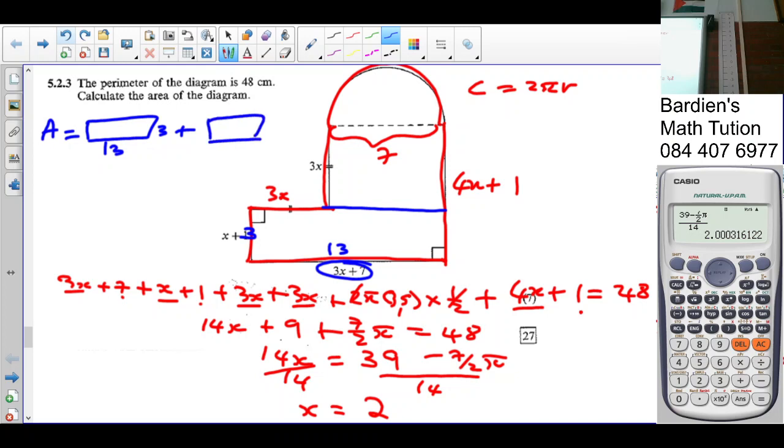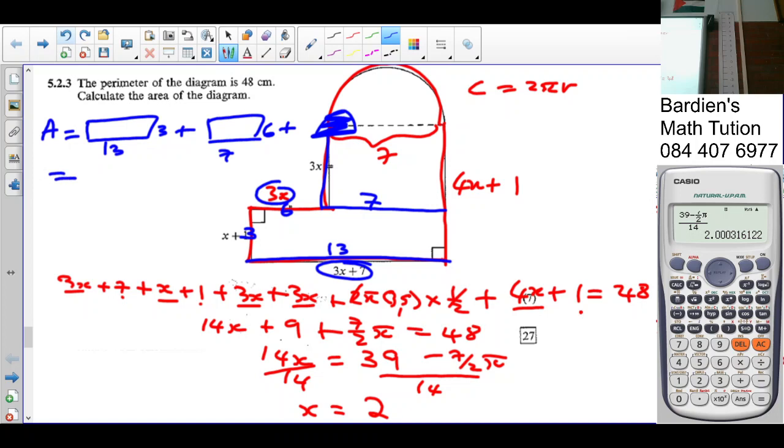The length here is 13, and this here is 3 times 2, which is 6. But we know that is 7. So it's 7. And the length from there to there is 6. Plus the area of the semicircle.